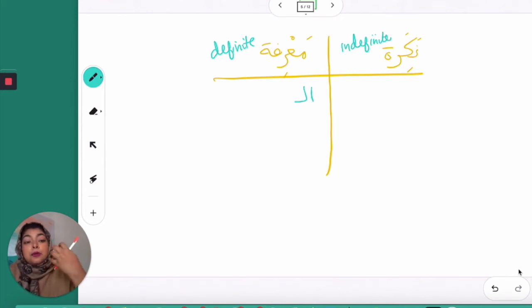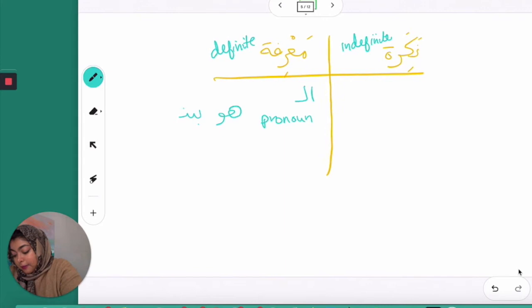If it has a pronoun at the end of it, then that also means it's definite. So if the word is a pronoun or has a pronoun, for instance, if I say huwa, that's a pronoun, that's definite. And if I say bayt, and I say his house, baytu, that's also definite because it's specific. It's telling you that it's his house.